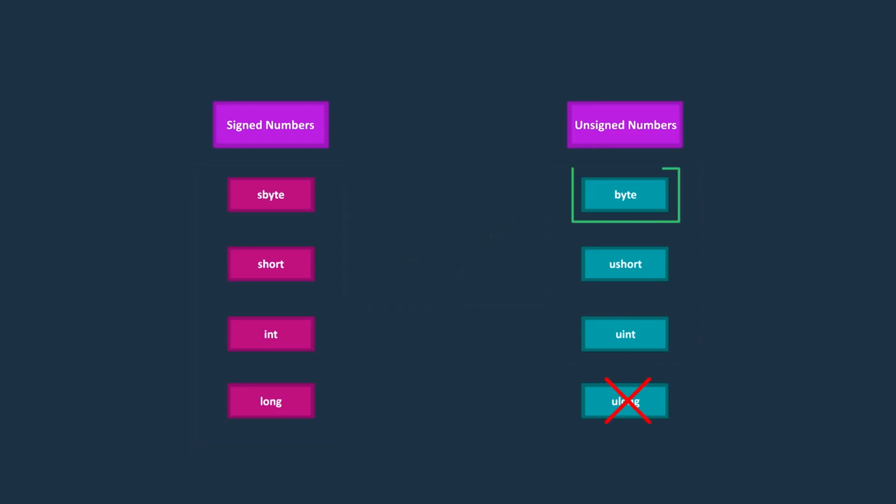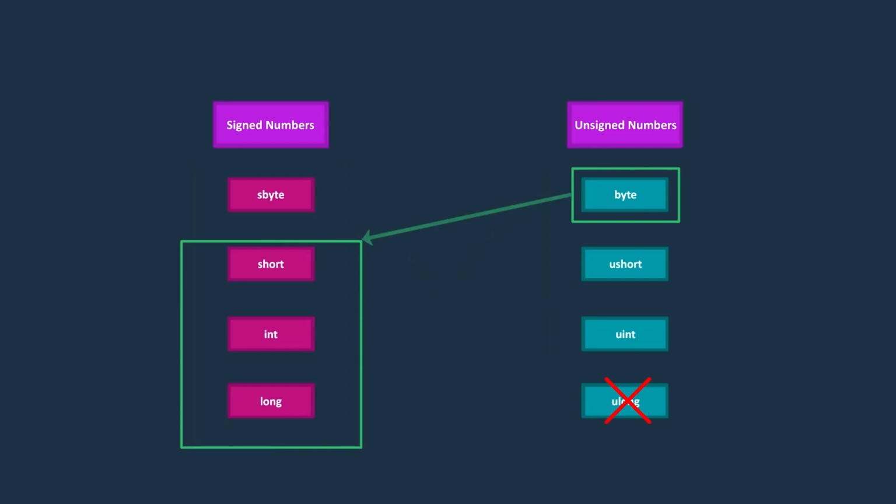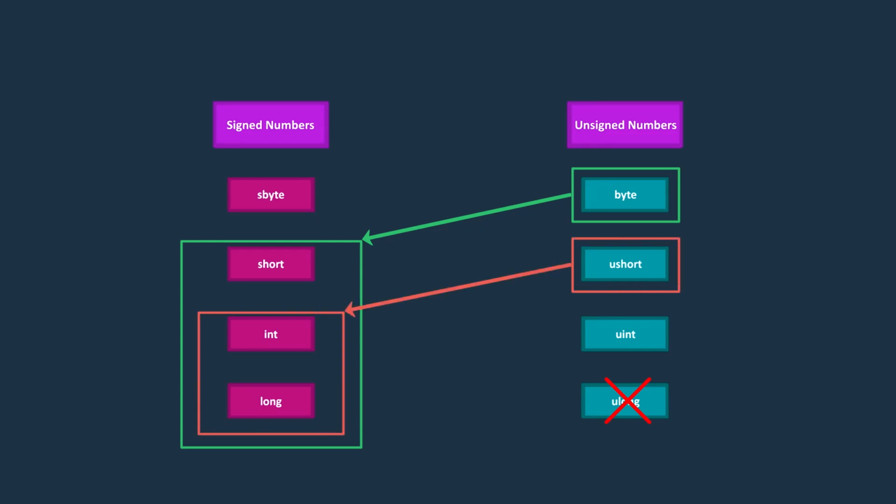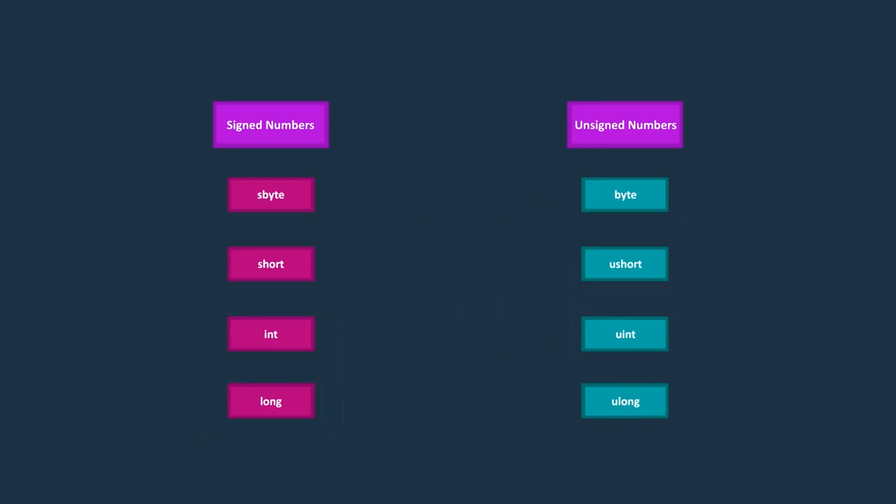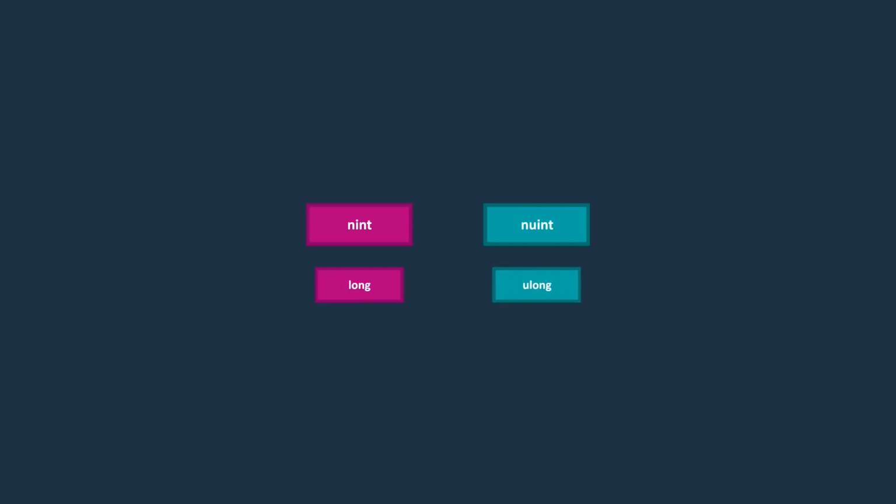For example, the byte type can be implicitly cast to short, int, and long types, and ushort type to int and long types, and finally, uint type can only implicitly cast to long type. Okay, now how does implicit casting occur in native-sized integers? In these types, an nint can only implicitly cast to long, and on the other hand, an nuint can only implicitly cast to ulong type.